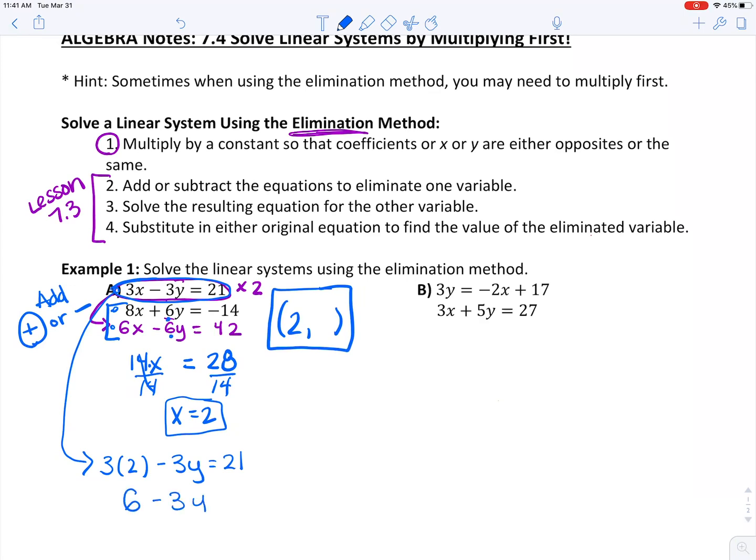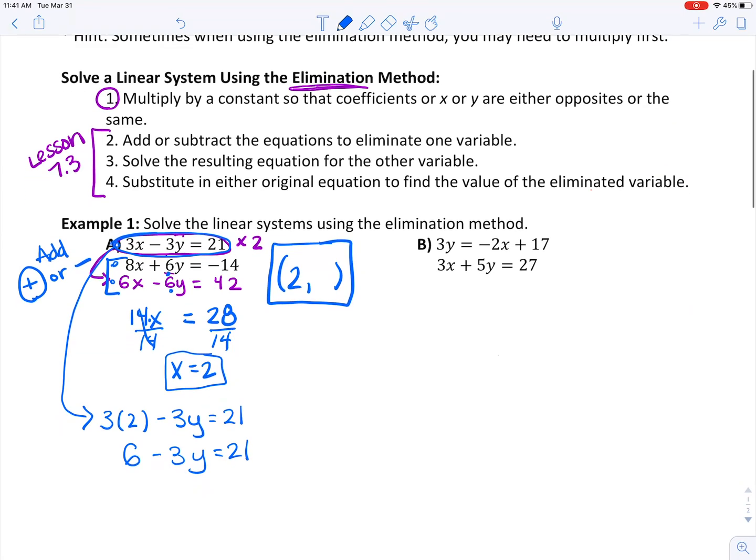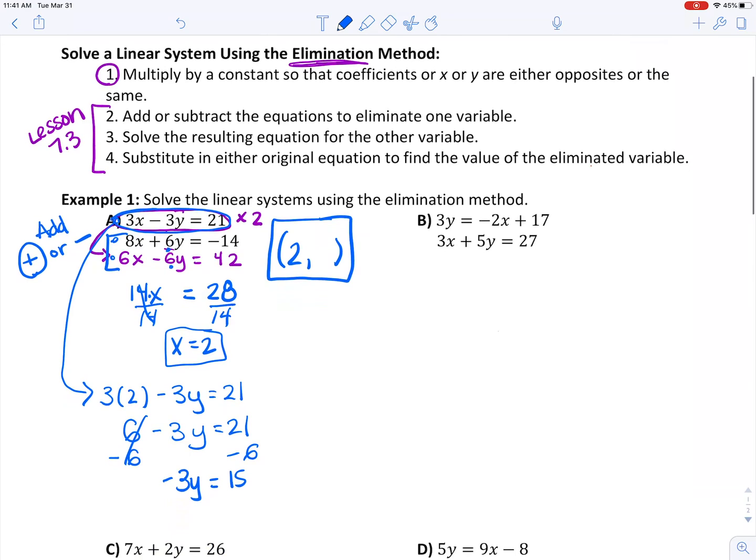So 3 times 2 is 6, so this is 6 minus 3y equals 21. How do you undo a positive 6? You minus it. And how do you undo negative 3 times y? You divide by negative 3. So y is equal to negative 5, which is what we plug in right up here. So that is our answer, 2, negative 5.